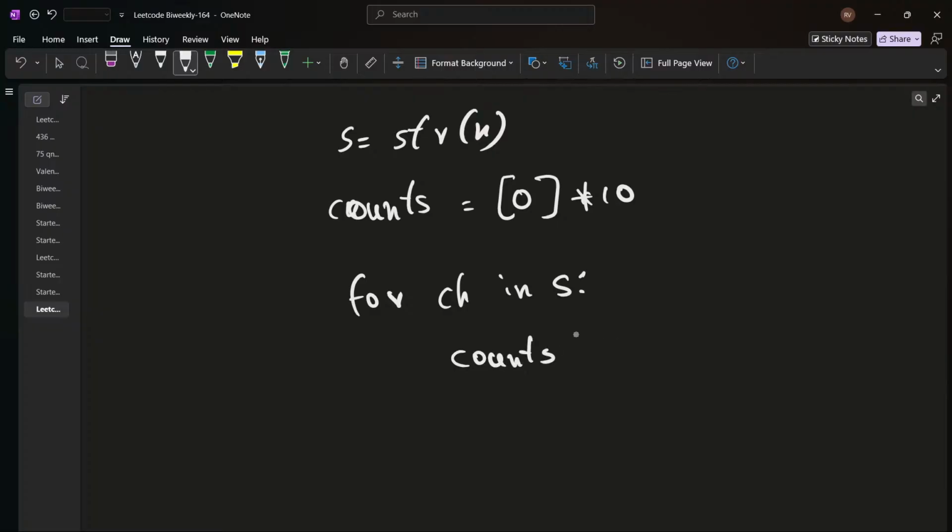What will we do? counts[int(character)] plus equal to 1, incremented by 1 basically.